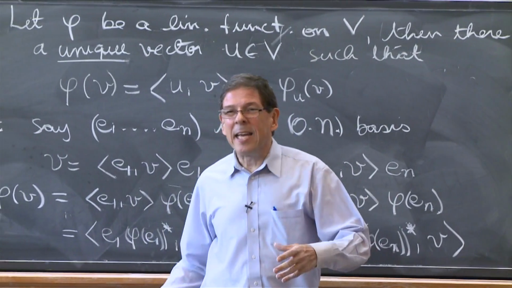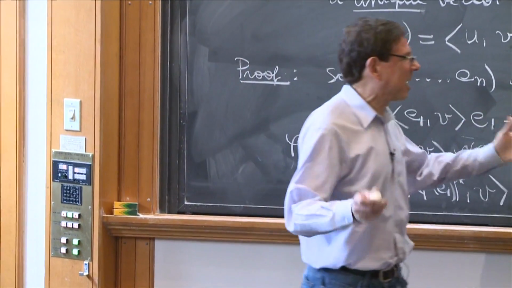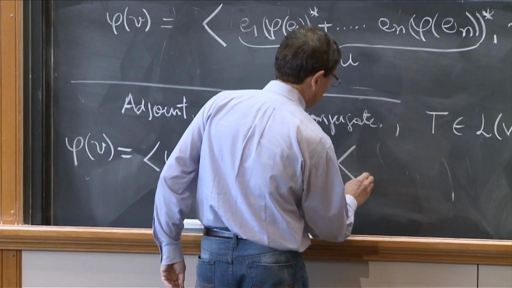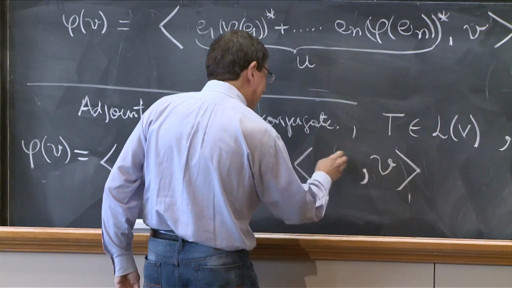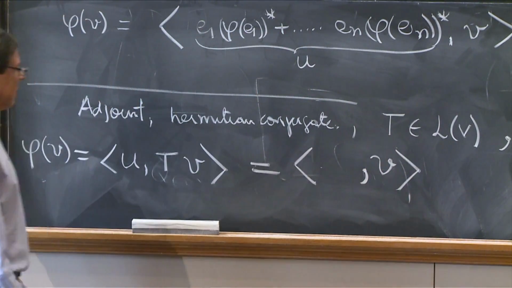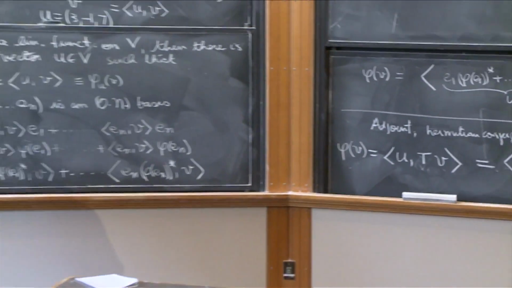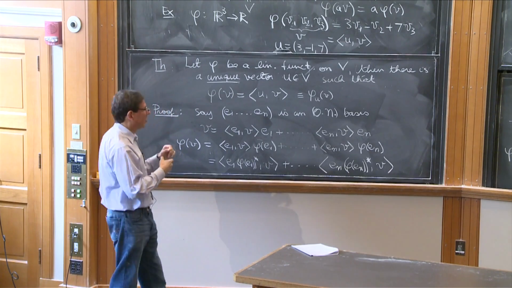So by this theorem, there must be some vector such that this can be represented as this, acting with that vector inside here. Because any linear operator is some vector acting on the vector V. Any linear functional, I'm sorry, not linear operator.